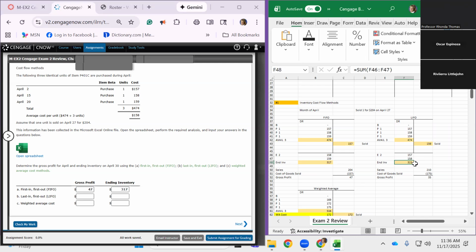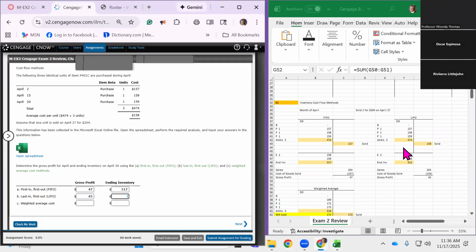Once again, we're selling it for $204. The cost is $159, so this gross profit is 45. The one before was 47, so that's pretty close. And if you don't get a pretty close number here, you've calculated something incorrectly.